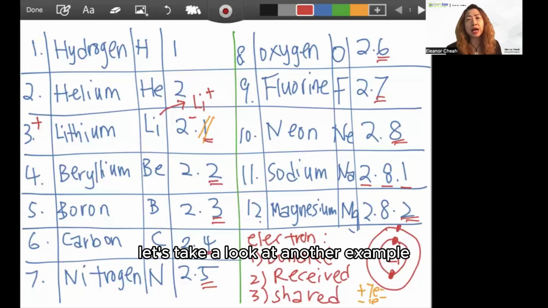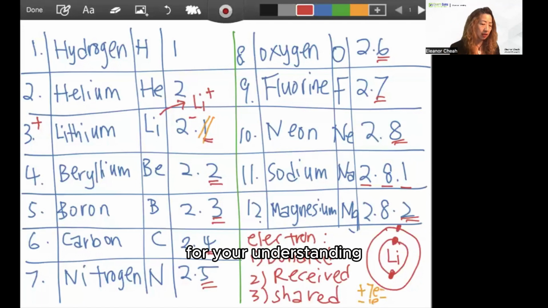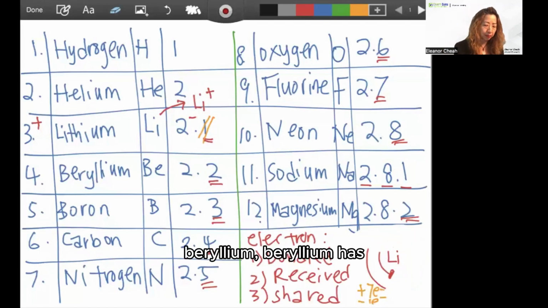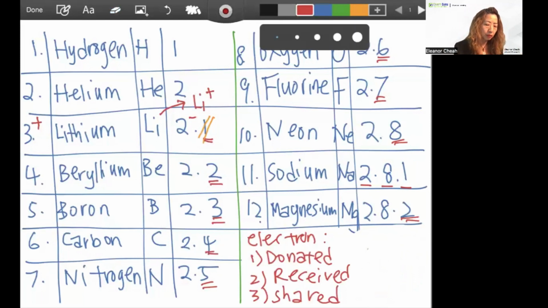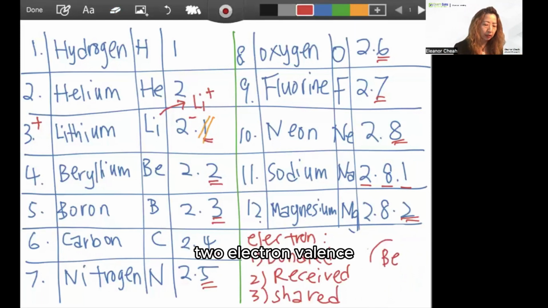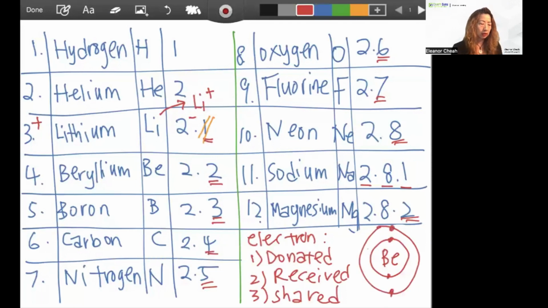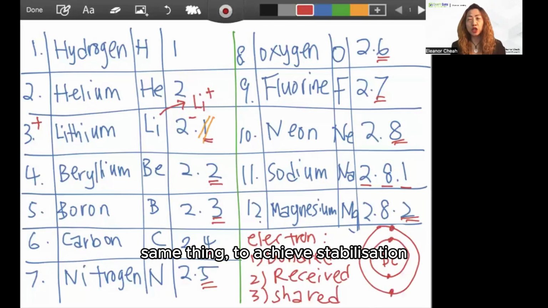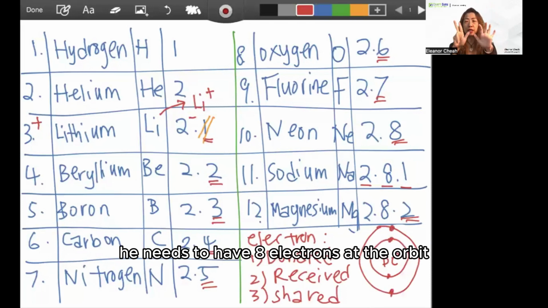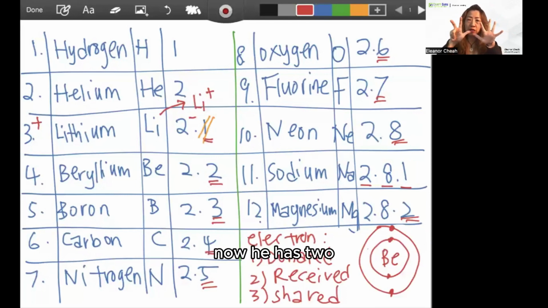Let's take a look at another example for your understanding. Beryllium. Beryllium has 2 valence electrons. The first orbit has 2, the second orbit has 2 as well. Same thing, to achieve stabilization, he needs to have 8 electrons in the orbit. Now he has 2. Throw away, attract 6, or throw away 2.